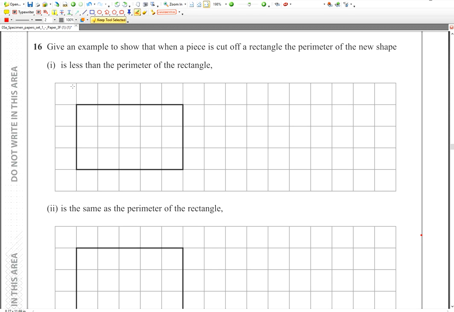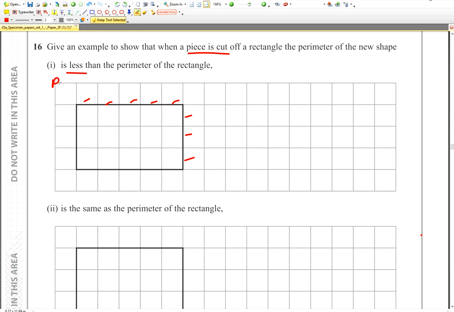Give an example to show that when a piece is cut off a rectangle, the perimeter of the new shape is less than the perimeter of the rectangle. Okay, so what is the perimeter of this rectangle? We have 1, 2, 3, 4, 5, 6, 7, 8. So halfway is 8, so all of it is?